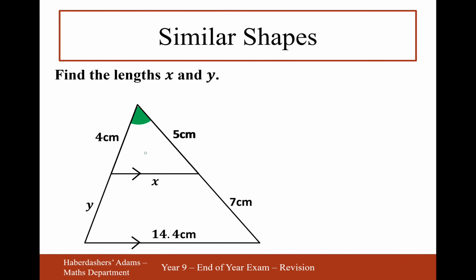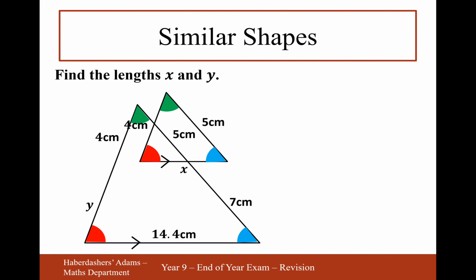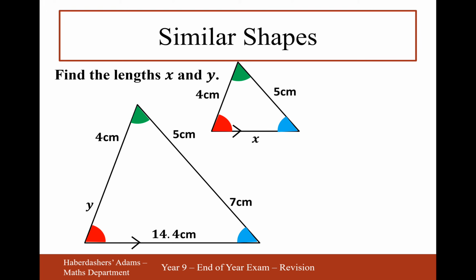Now, just before I move on to nested, I've got a green angle at the top here, standard. I've also got, by these parallel lines, some F angles involved, or some corresponding angles involved. This angle here and this angle here are equivalent to each other, and so are these two angles here. So that when I actually split up these two shapes, you can see the nestedness of it, whereby I've got one smaller shape and one bigger shape.